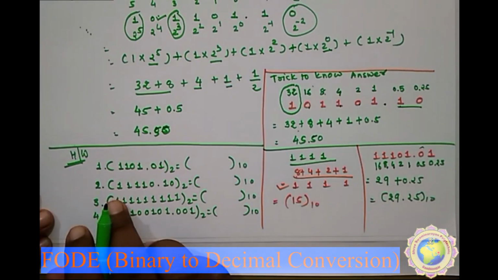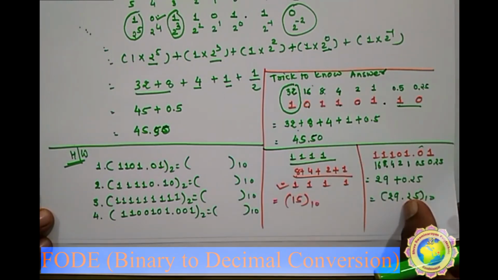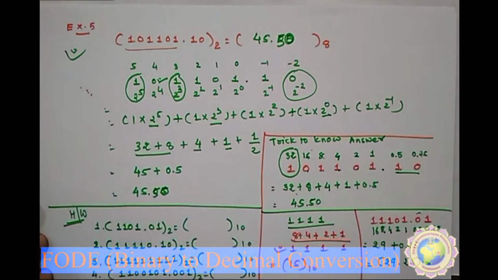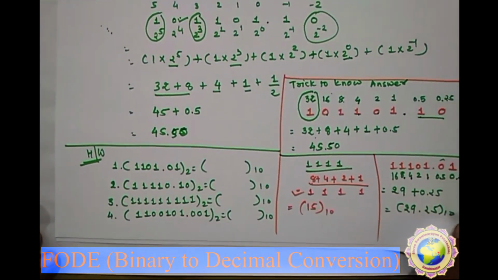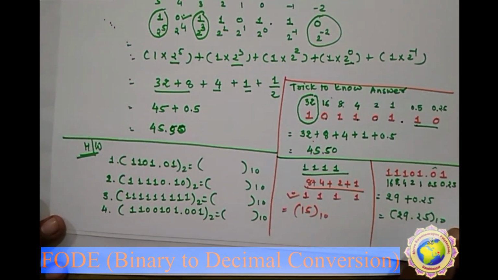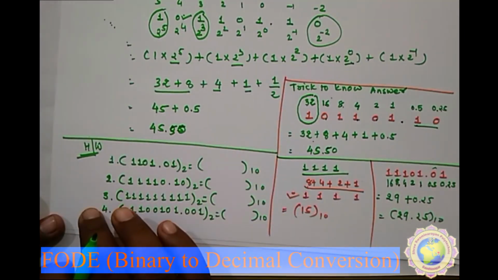So this is your homework. This is the method to remember your answer or to verify your answer, and this is the actual method you have to write. Okay, so first you have to concentrate on all the methods I have given in the 5 examples and the trick, and then you have to calculate this homework on your own.